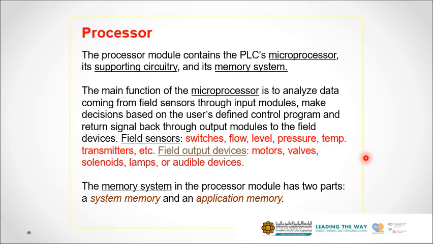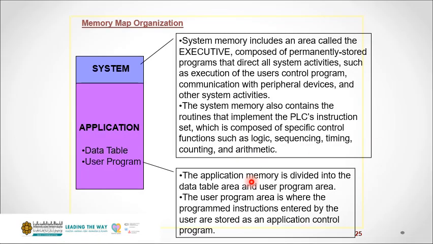Okay, so the processor is similar to a microprocessor of any type, which is used for PLC. I'm not going to go into much detail on this. This is quite self-explanatory as well. In the memory, you have application and system. The system memory includes the area called executive, composed of the permanently stored programs and some other things, which is basically occupied by the system.